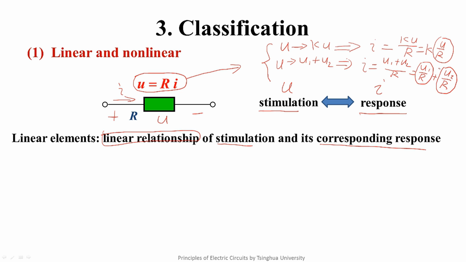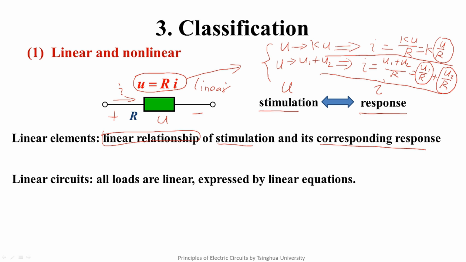If any relationship between stimulation and response meets such a relationship, we call it homogeneity. If it meets such a relationship, we call it additivity. The relationship satisfying homogeneity and additivity is a linear relationship. If all the loads in the circuit are linear elements, the circuit is a linear circuit.